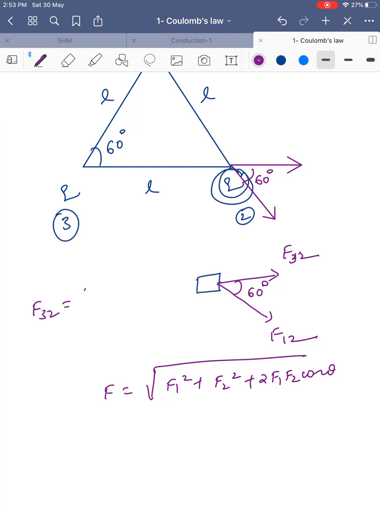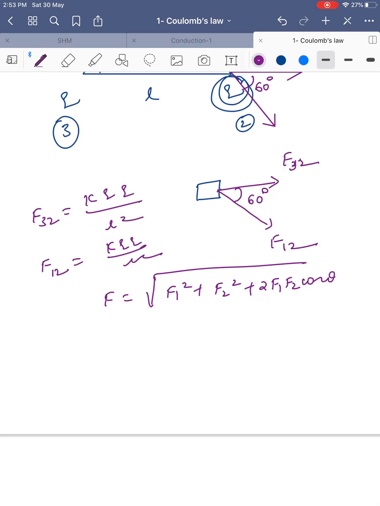F32 is equal to K Q and Q by L square. F12 is equal to how much? K Q square by L square. The force magnitude is the same. F12 and F32 are both the same.